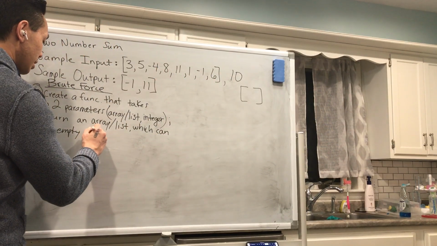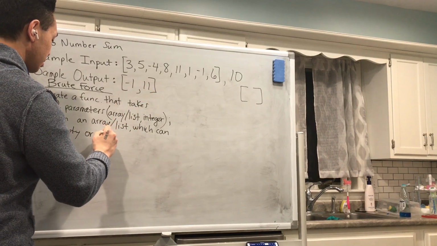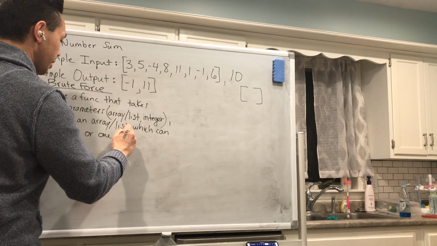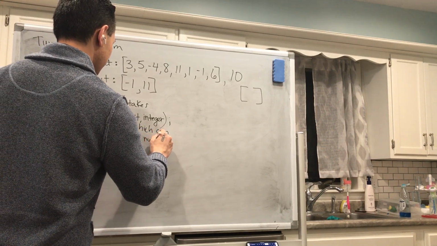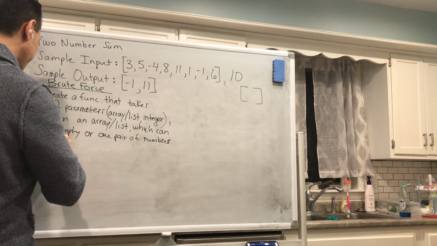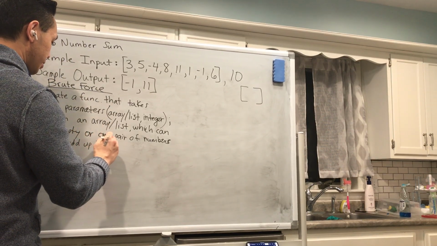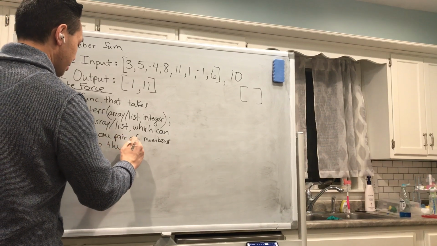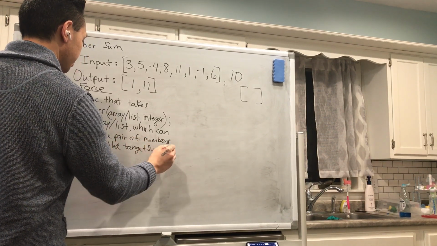It can be empty, or there's going to be just one pair of numbers that add up to the target sum, right?